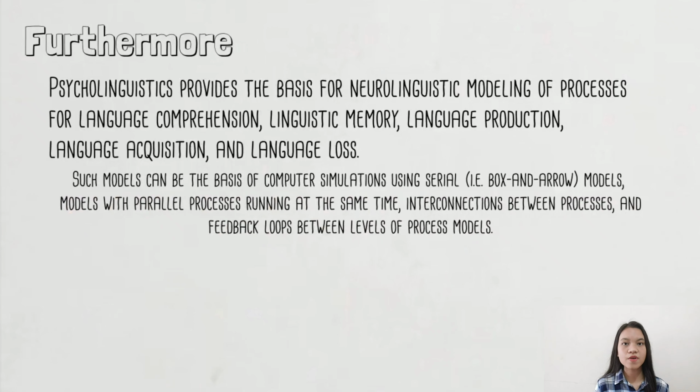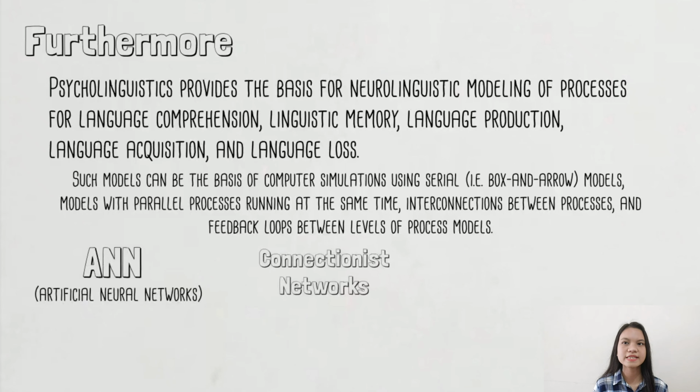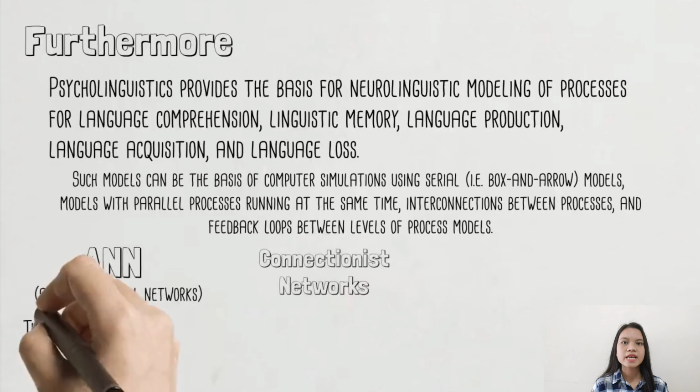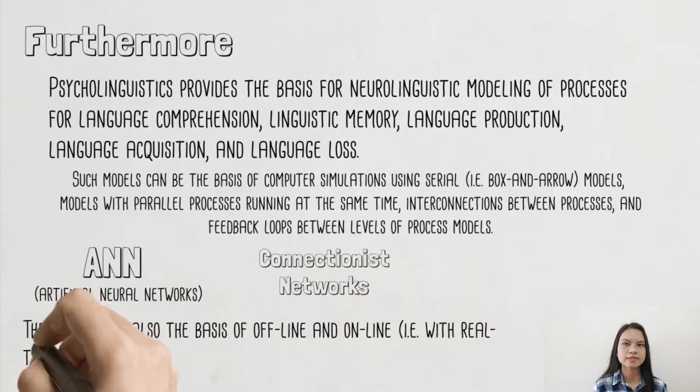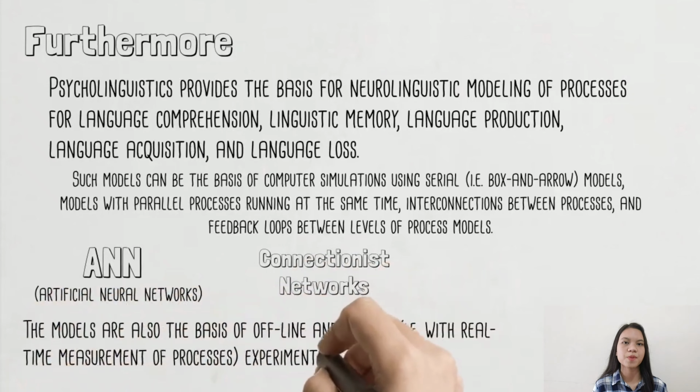Computer simulations involving so-called artificial neural networks (ANN) or connectionist networks are also used. The models are also the basis of offline and online experiments, for instance with real-time measurement of processes, on language functions. I think that's all for this neurolinguistics video.